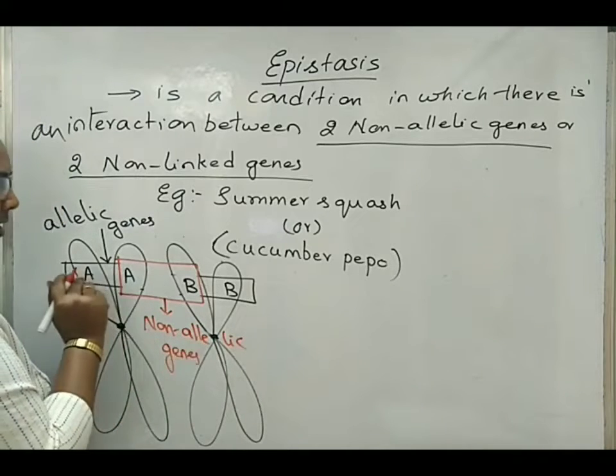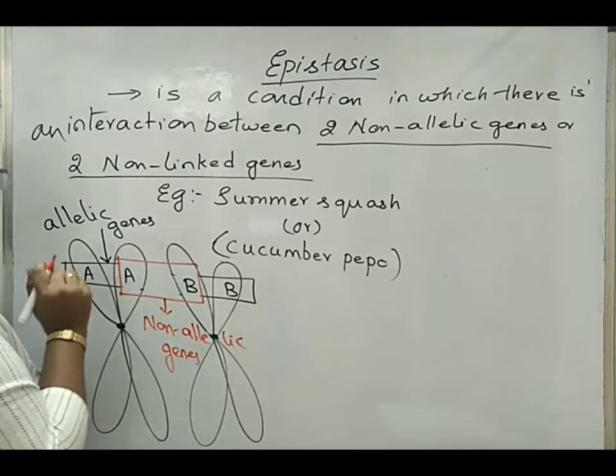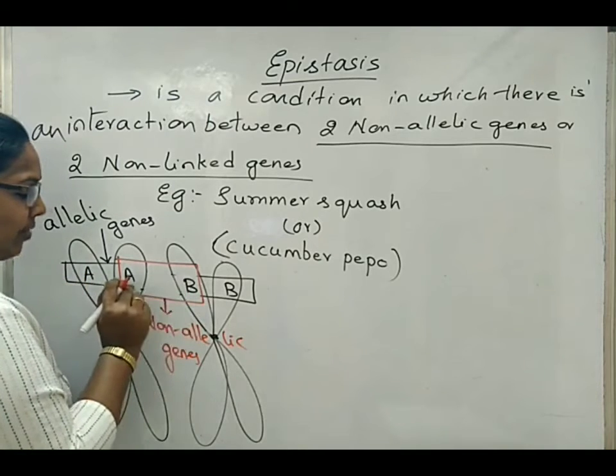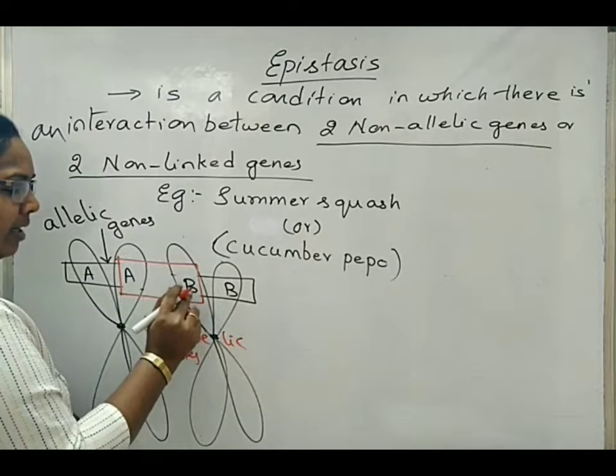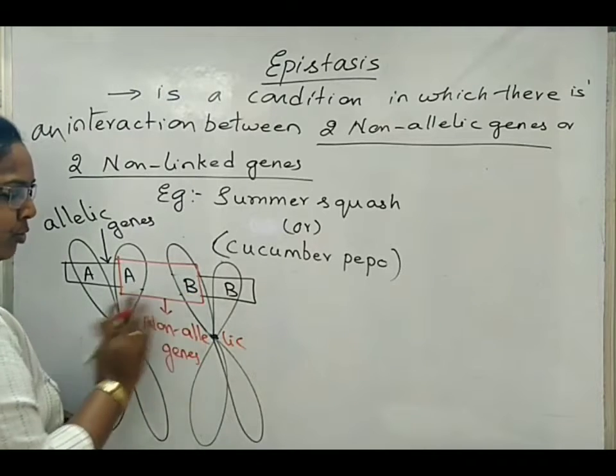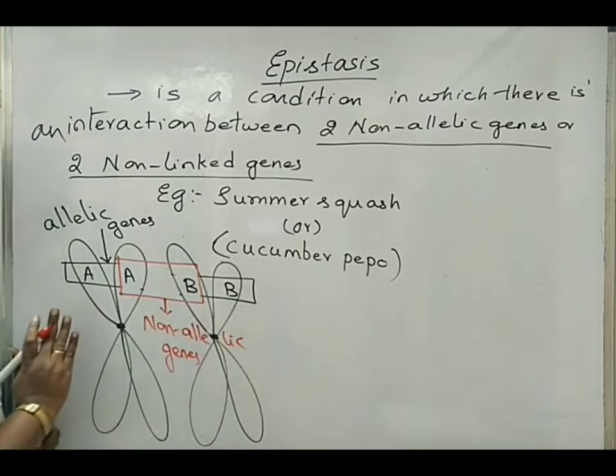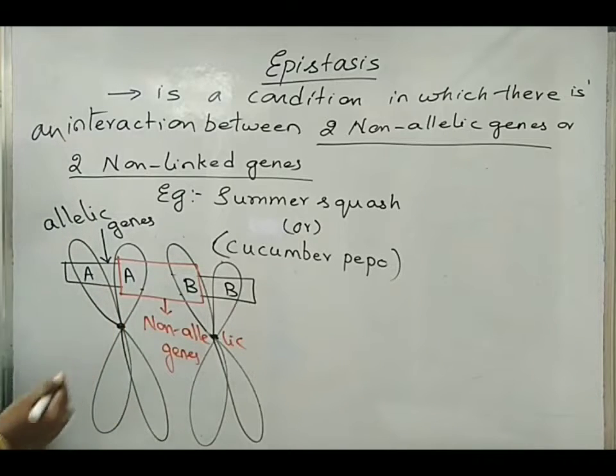These two, capital A and capital A, which are dominant forms, are allelic genes. When a dominant form of one chromosome is paired with another allele form of another chromosome within a homologous pair, we use the term non-allelic genes.